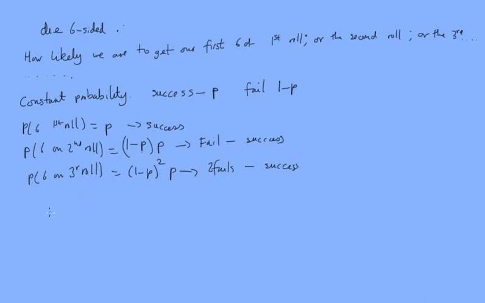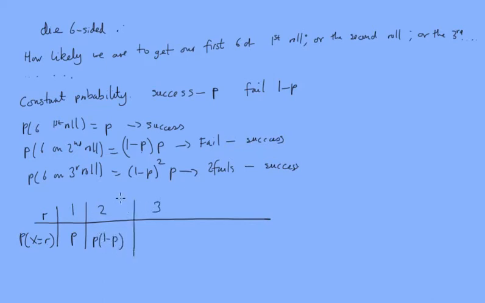So we're going to call R the number of times we roll our dice, and look at the probability of X when it's R. For one roll, the probability was just P. After 2 rolls getting our 6, it was P times 1 minus P. If we did 3 rolls, you would have P times 1 minus P squared.